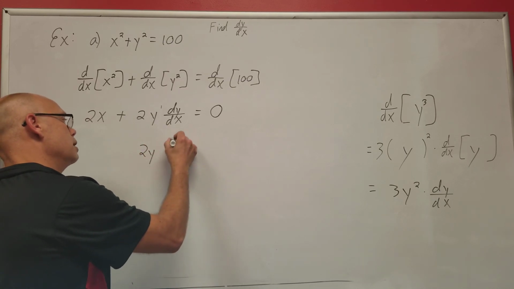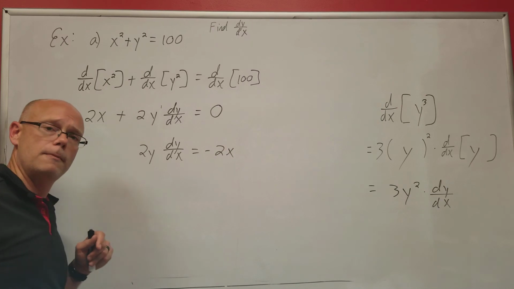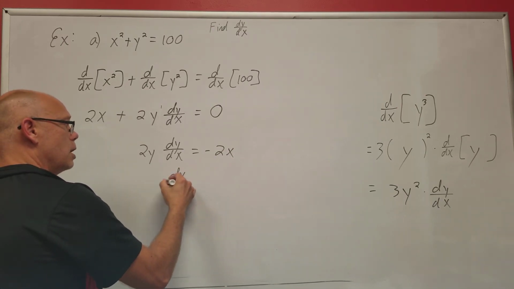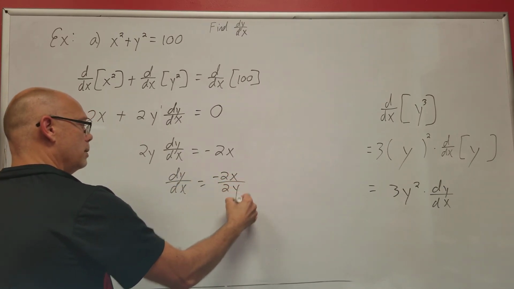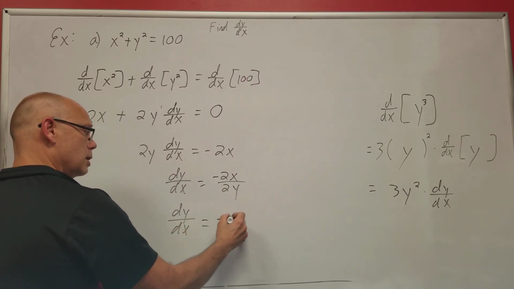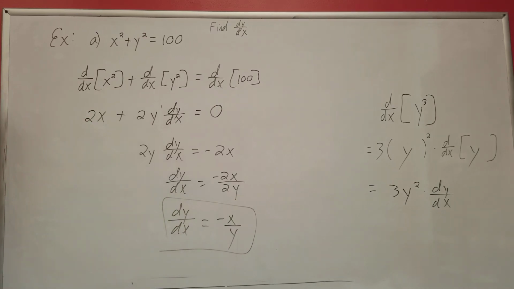So 2y times dy over dx is equal to negative 2x. Divide by 2y on both sides. So dy over dx is equal to negative 2x over 2y. Or I could simplify this to dy over dx is equal to negative x over y. So there we go. We found dy over dx.